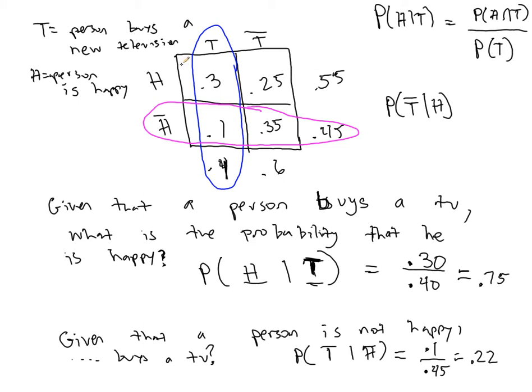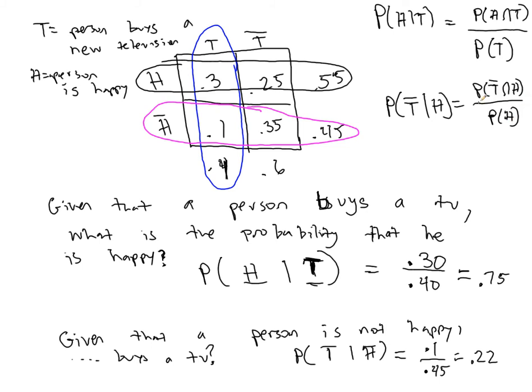Well, the given is where you're looking, so that's going to be the probability of not buying a TV and being happy divided by the probability of being happy. One thing to really keep in mind here is that the probability that you don't buy a TV and that you're happy is not the same thing as the probability that you don't buy a TV already knowing that you're happy, because this condition comes first in this situation.